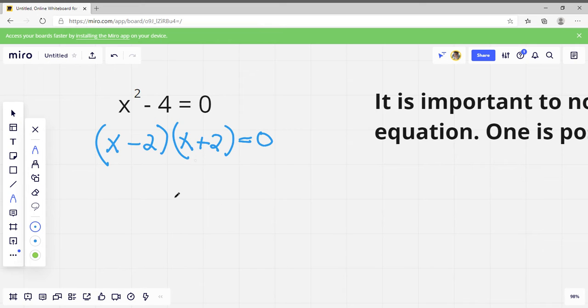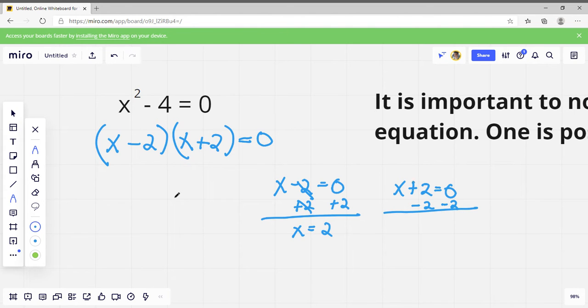Alright, so we're going to end up with two answers. x minus 2 equals 0, and we would do plus 2, and we would get x equals 2. And then the other one, x plus 2 equals 0. We would do minus 2, and we get x equals negative 2.